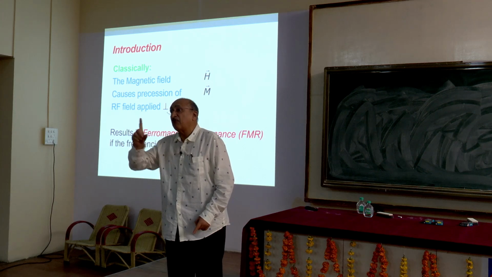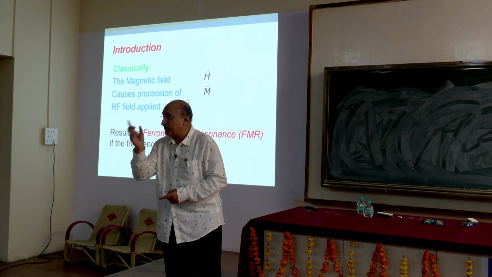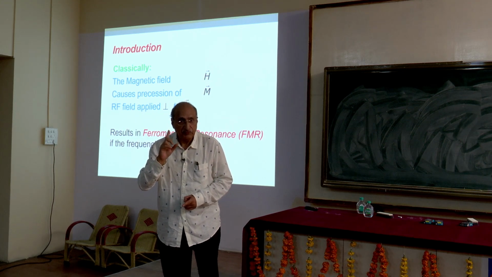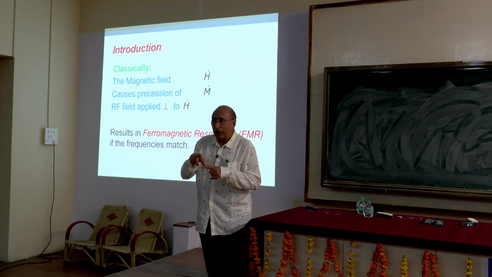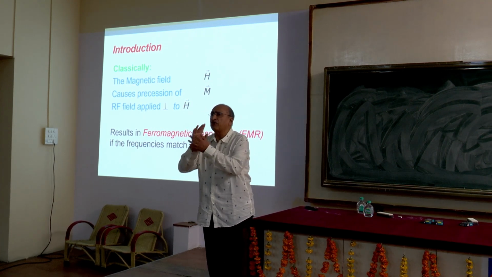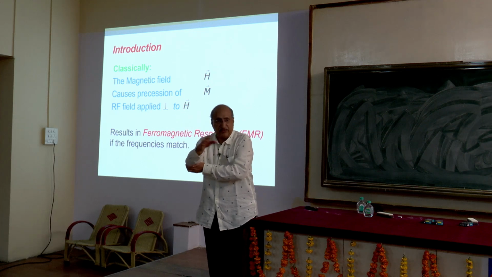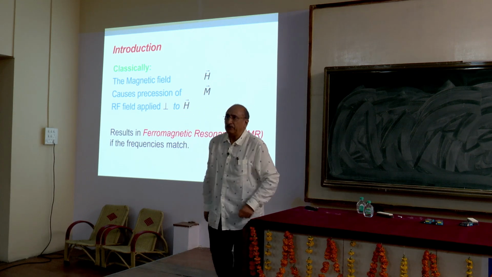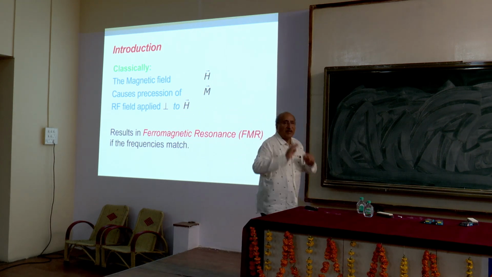In that sense, it's different from EPR, where you are talking about precession of individual moments. EPR also you can treat classically, but then you are talking of the precession of the individual moment. Here we are talking of the precession of the entire magnetization itself along the magnetic field. Eventually it will decay and probably align itself in the direction.